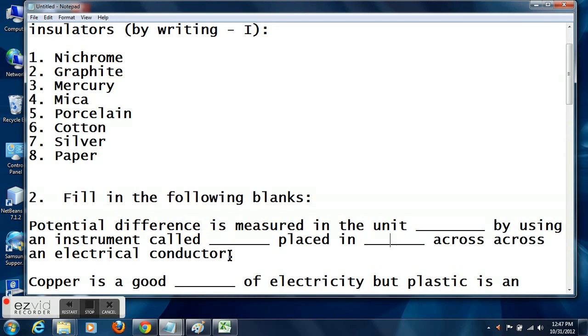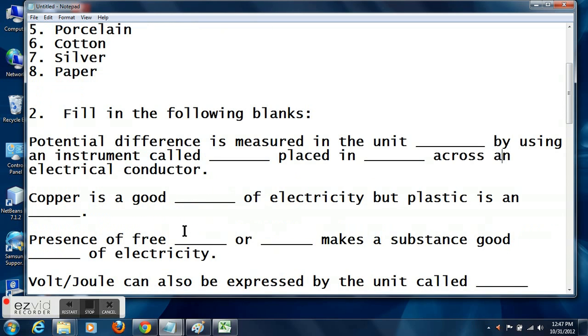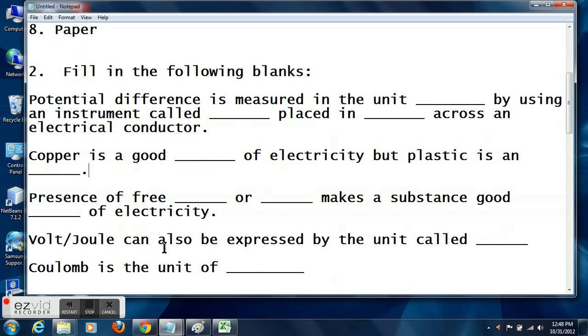I will not say anything here because if I say, you will immediately understand the answer. The next question, that is also fill in the blanks. Copper is a good blank of electricity, but plastic is an blank. I will not give any hint because if I give the hint, you will immediately know the answer.